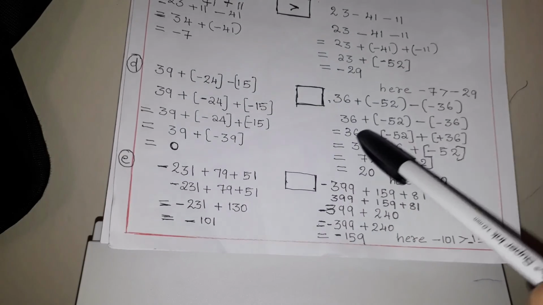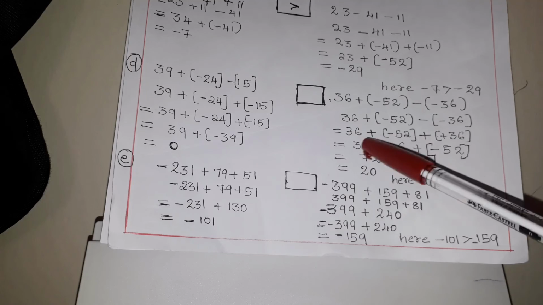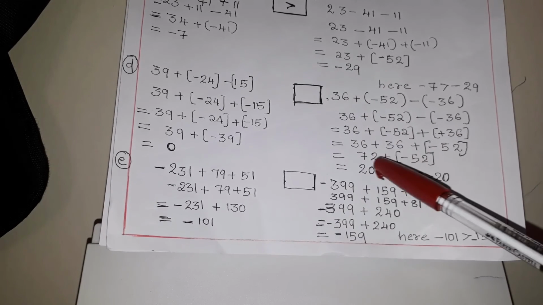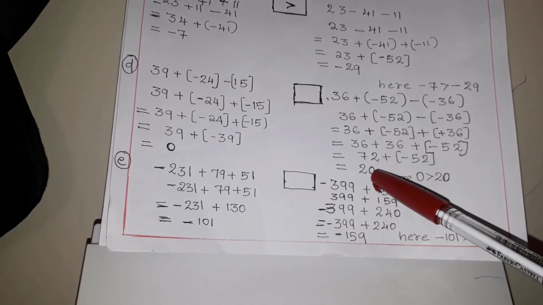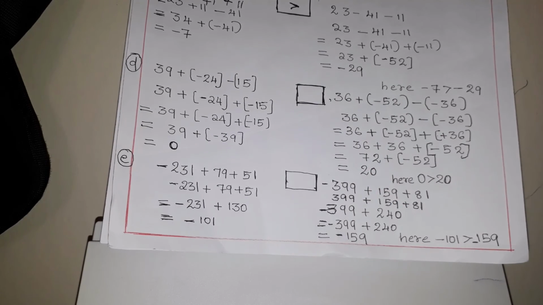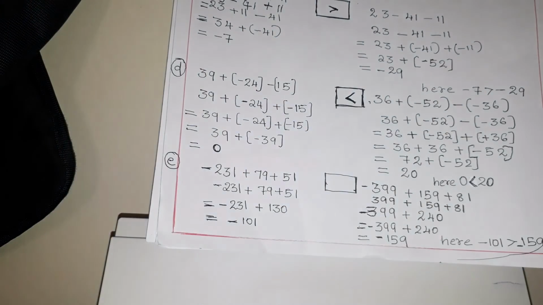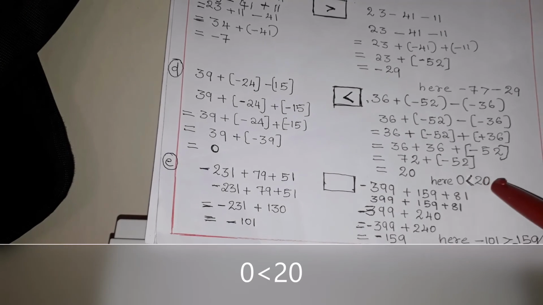Then 36 plus 36 is equal to how much? 72. 72 plus minus 52. So what is the difference? We subtract, so we get 20. Here 0 is less than 20.